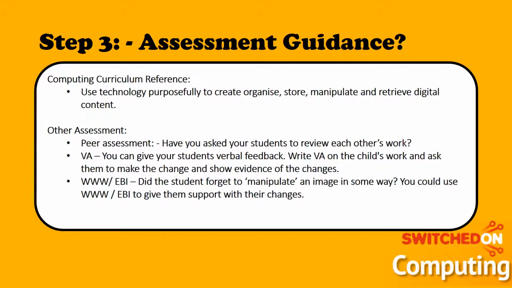So pull on particular areas. Did the students forget to show evidence of manipulating their images? Well, you could highlight that in an area of feedback to say, you need to manipulate an image in some way, whether it's cropping it, making it more appropriate, or maybe changing the color. So these are all things that you could bear in mind with assessment in the new year.